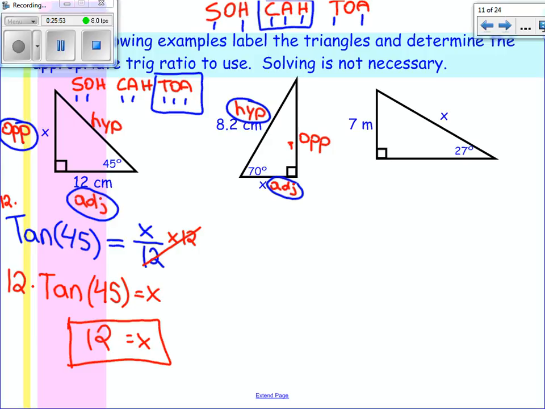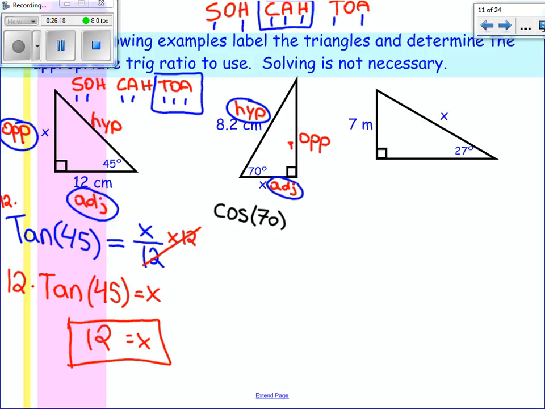So let's use it. We write it out. But it doesn't make sense to just say cos. You have to say what angle you're using. So cos bracket 70. You have to say, oh yeah, I'm using that angle. Cos of 70 equals adjacent.